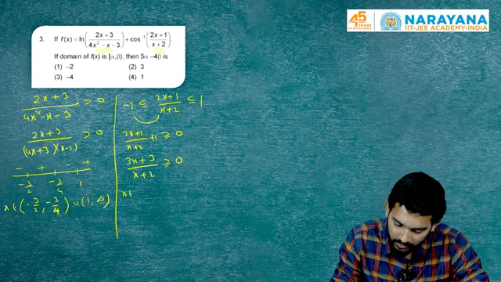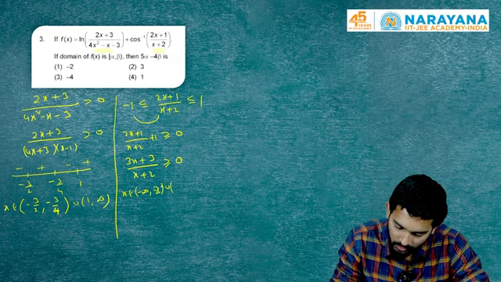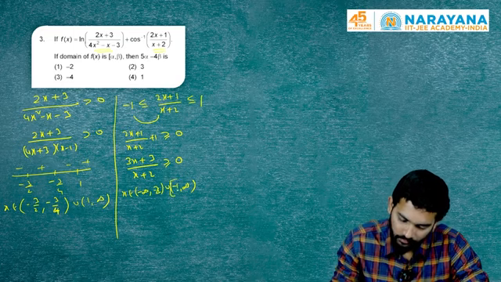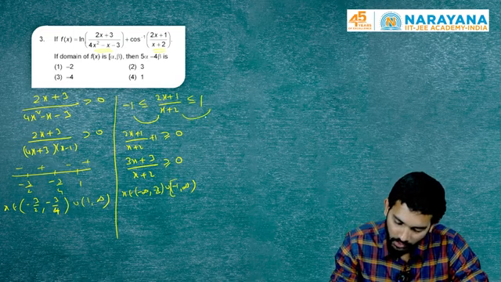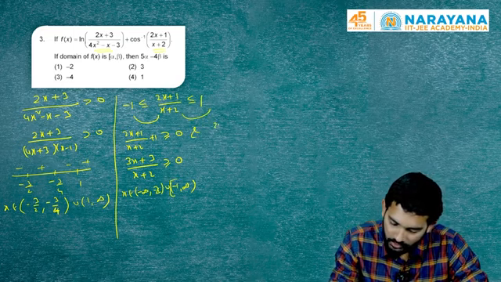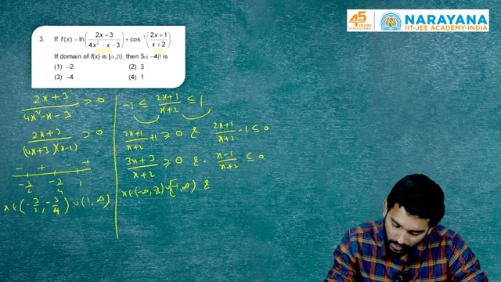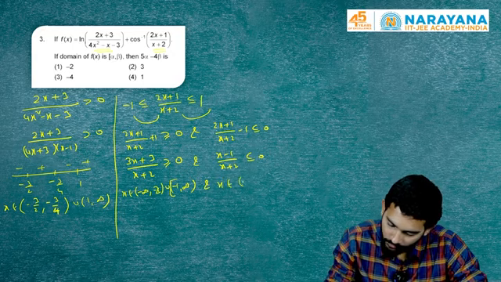So I'll get x belongs to minus infinity to minus 2 union minus 1 to infinity. Minus 2 I have to take open, minus 1 I can take closed. And if I solve the other side of the inequality, I'll get 2x plus 1 by x plus 2 minus 1 less than or equal to 0, which will be x minus 1 by x plus 2 less than or equal to 0, and x belongs to minus 2 to 1 closed.